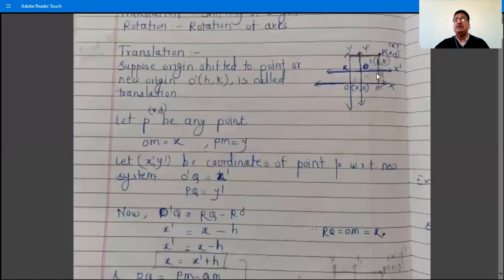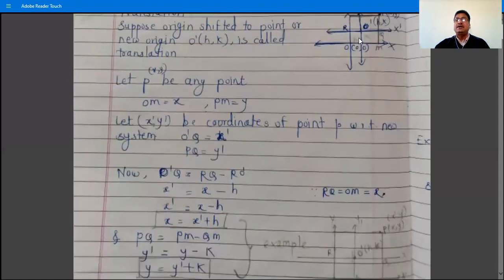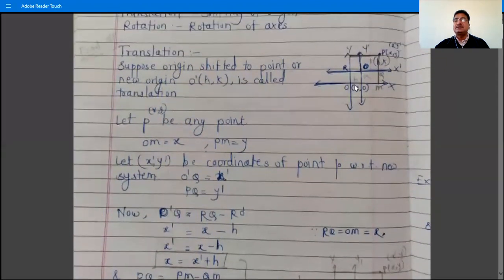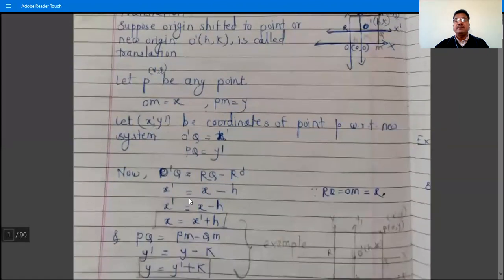So x dash is equal to, OM and RQ are both the same. OM is x, so RQ is x minus this RO dash. RO dash is this distance, and suppose this distance is h. So what do we have? x dash is equal to x minus h.